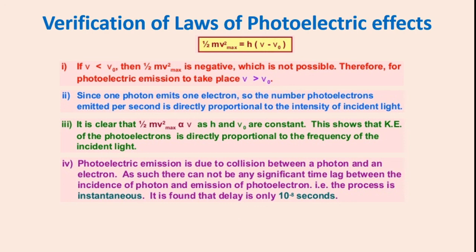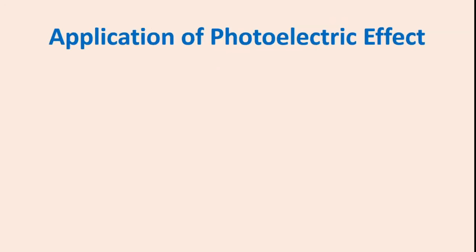Actually, there is a time lag of about 10 to the power minus 9 seconds, nanosecond order, which is negligible. Now we have observed that the quantum theory of light can easily explain all the experimental laws of the photoelectric effect, whereas the classical theory fails to explain it.